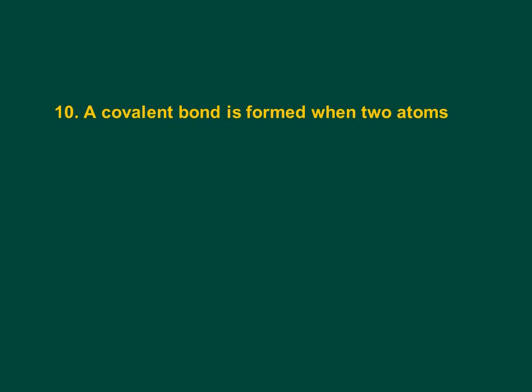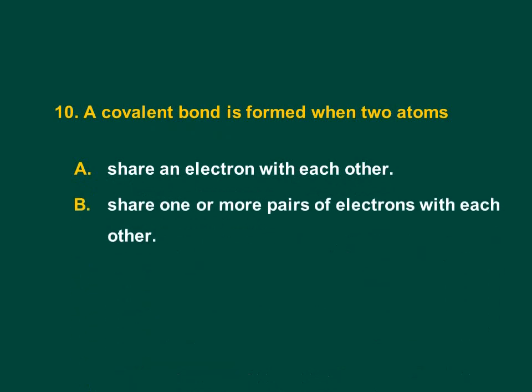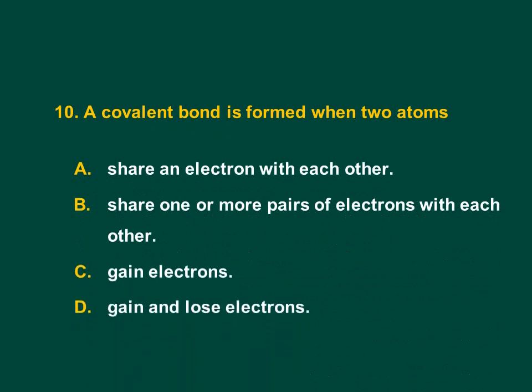A covalent bond is formed when two atoms share an electron with each other, share one or more pairs of electrons with each other, gain electrons, gain and lose electrons.